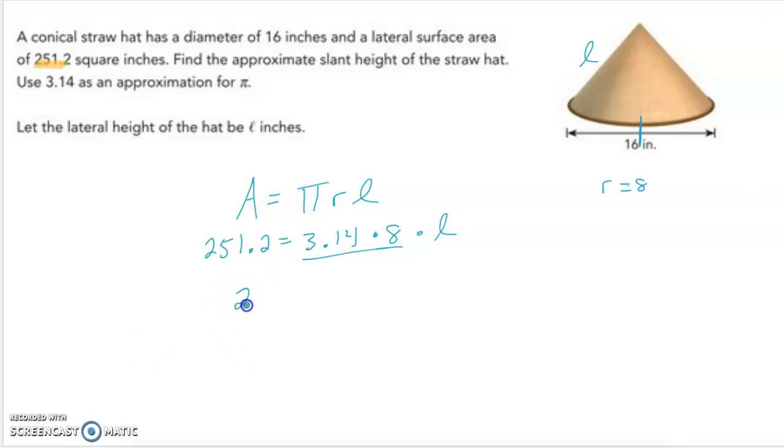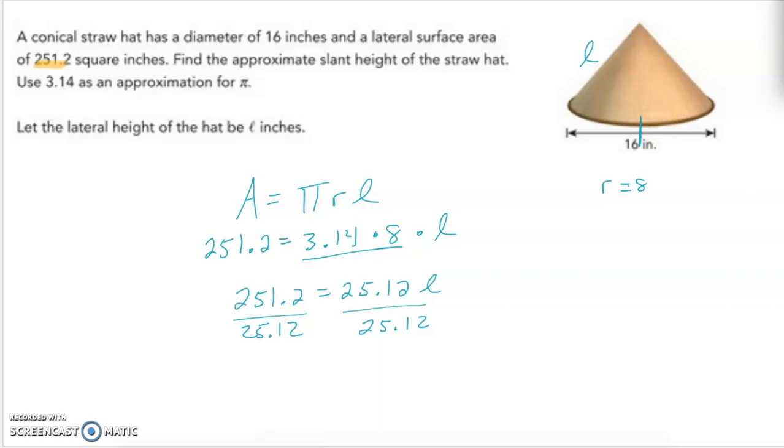So I have 251.2 is equal to 25.12 L. Now to get this L by itself, I will divide both sides by 25.12. And notice how this has the same numbers, 251.2, 25.12.